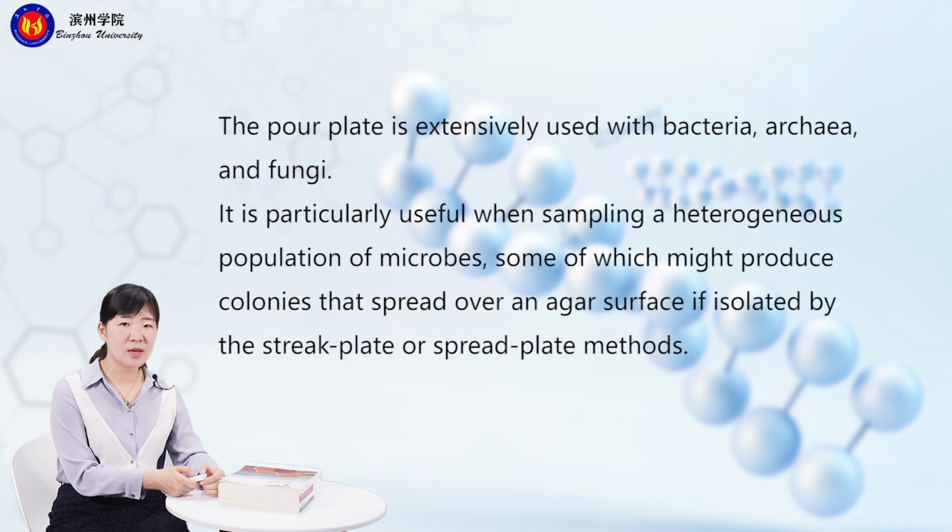The pour plate is extensively used with bacteria, archaea, and fungi. It is particularly useful when sampling a heterogeneous population of microbes, some of which might produce colonies that spread over an agar surface if isolated by the streak plate or spread plate methods.